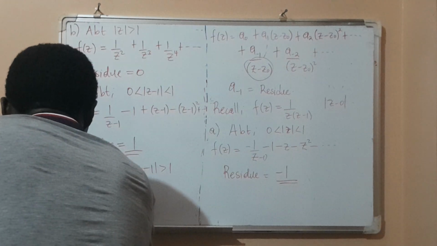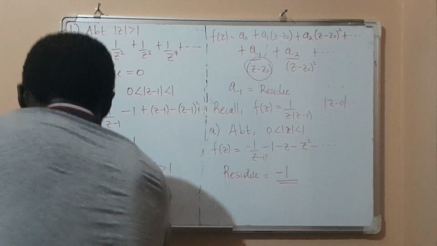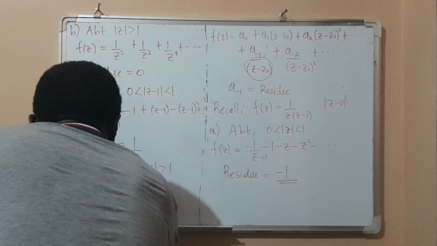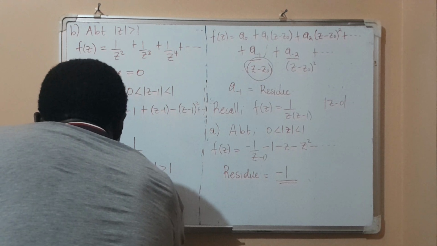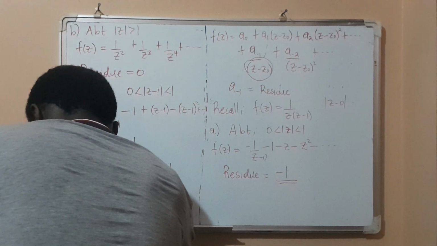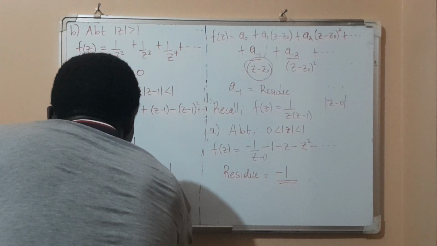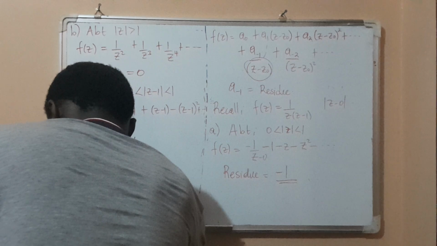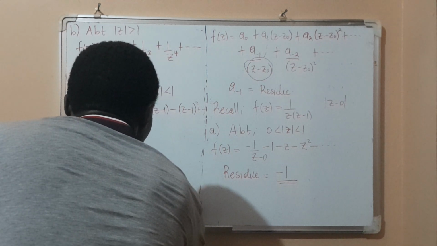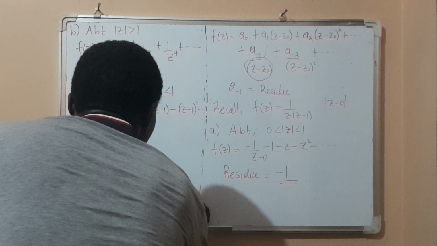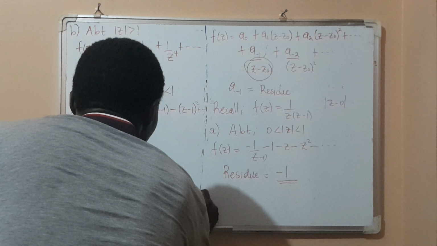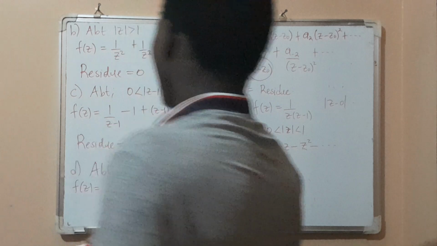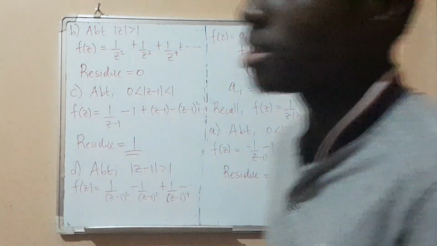Our answer was f of z is equal to 1 over z minus 1 squared minus 1 over z minus 1 to the 3 plus 1 over z minus 1 to the 4 minus. That was our series representation.